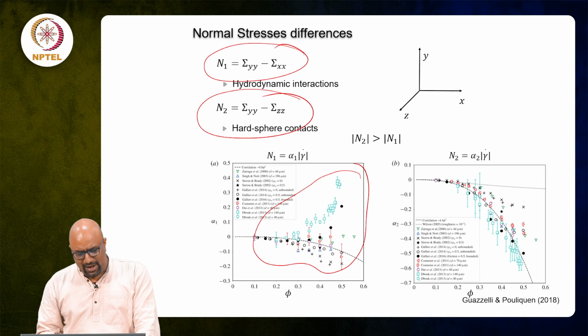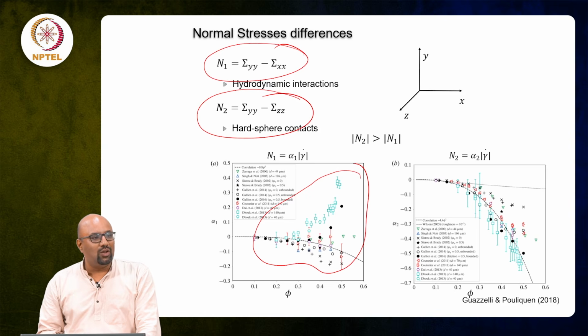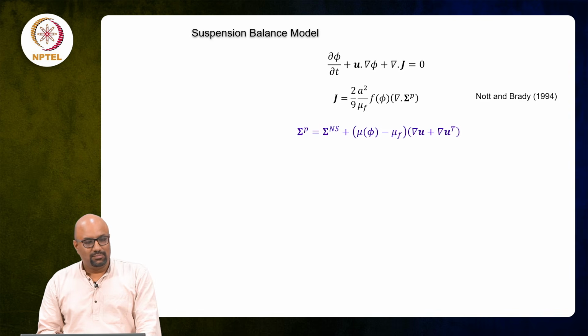There is very little theory, but these are things which we still don't know sufficiently well. There are careful experiments, there are also careful simulations that are done and continue to be done, but this is basically where modeling suspensions is.